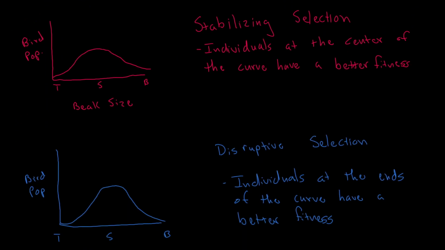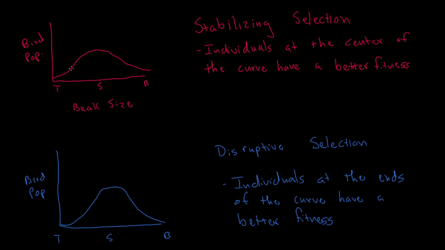All right, the next one, stabilizing selection. Same scenario: tiny beak, small beak, big beak. Stabilizing is when individuals at the center of the curve have a better fitness. So here's your original population. Something changes, and it looks something like this. You're going to see a drastic increase in the center, and this increase in the center tells you it's stabilizing.